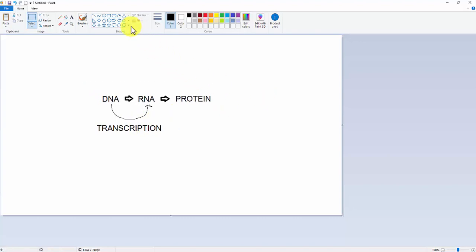The next stage, RNA into protein, this stage is referred to as translation.